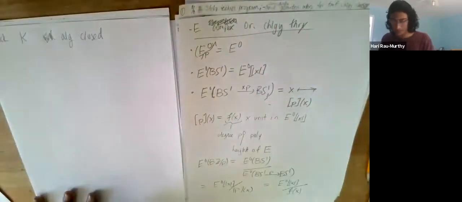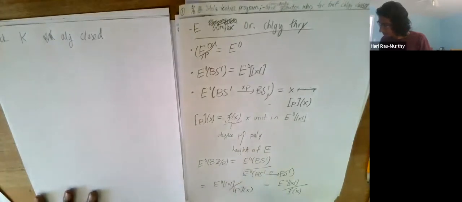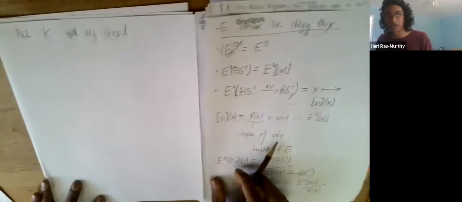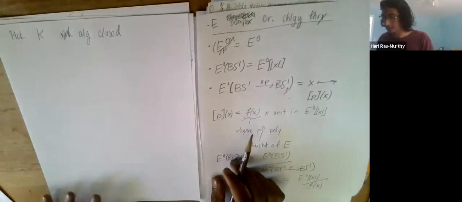That's going to let the evaluation maps in the Chinese remainder theorem exist.